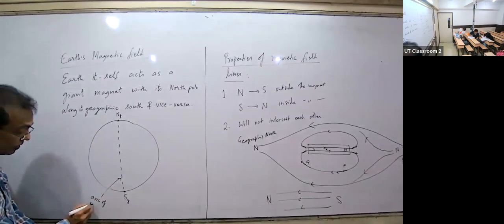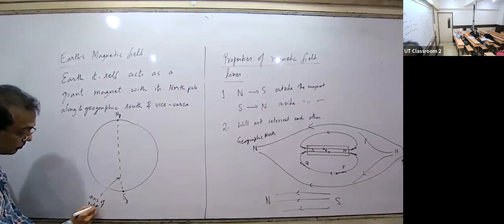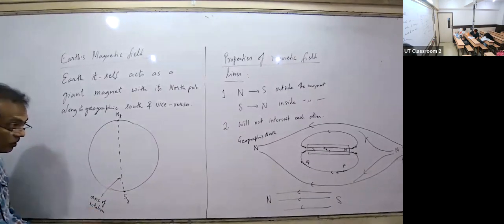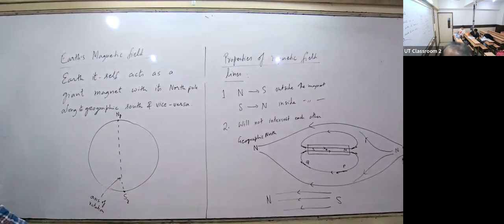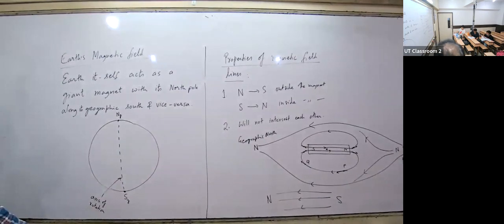This is axis of rotation. So the Earth is going from east to west, right? So this is axis of rotation.